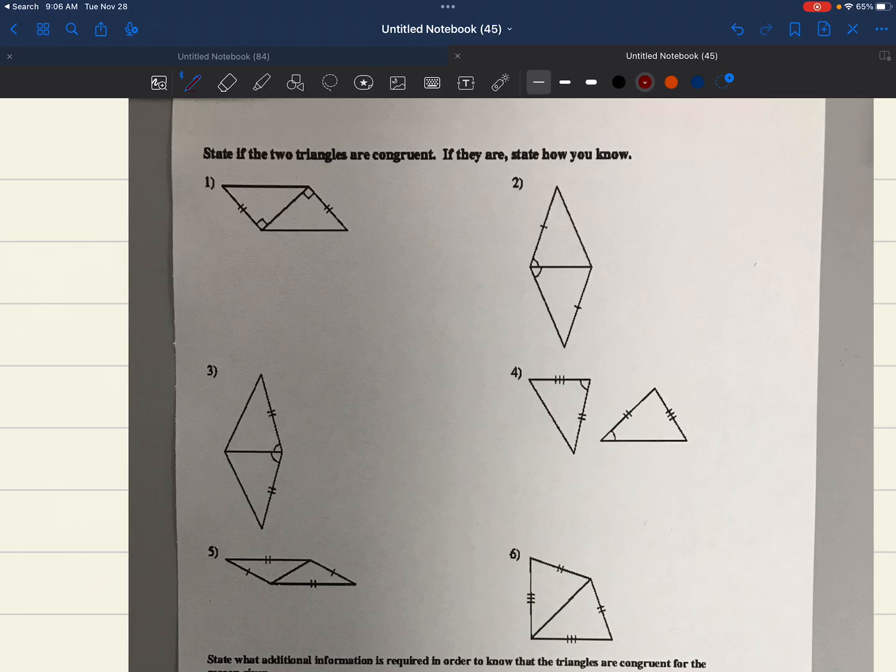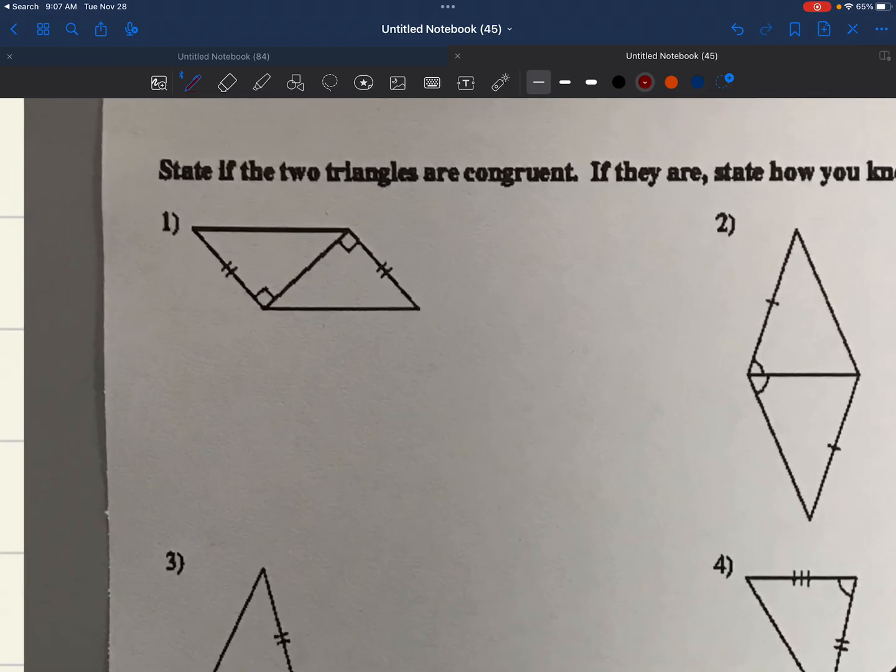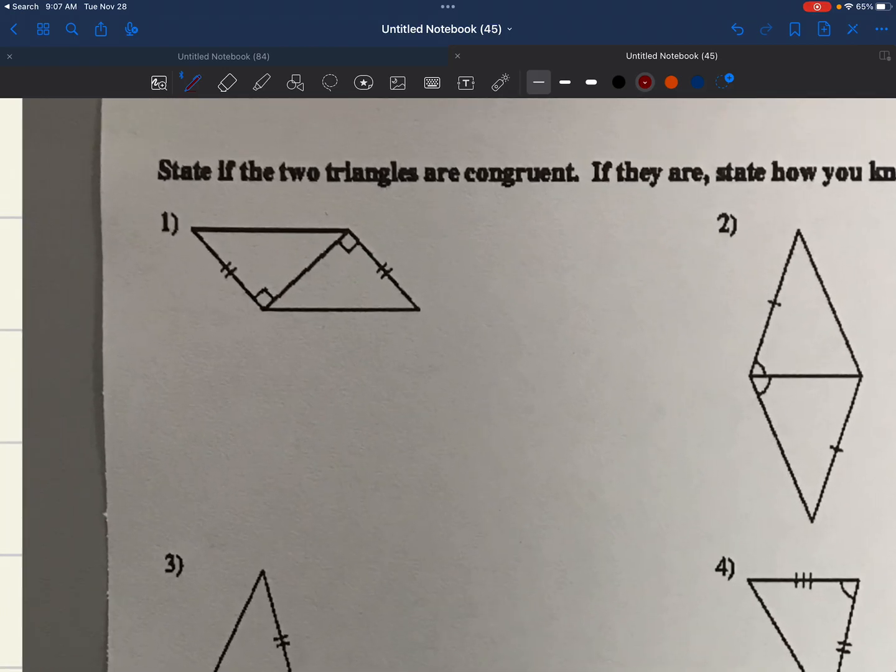State if the two triangles are congruent. If they are, state how you know. Okay, so we're going to say, are they congruent, yes or no? And if we say yes, we have to say side, side, side, or side, angle, side. So on number 1, what should I fill in of things that they don't tell us that we know are true? The middle line. Good. We know that side is congruent to itself.